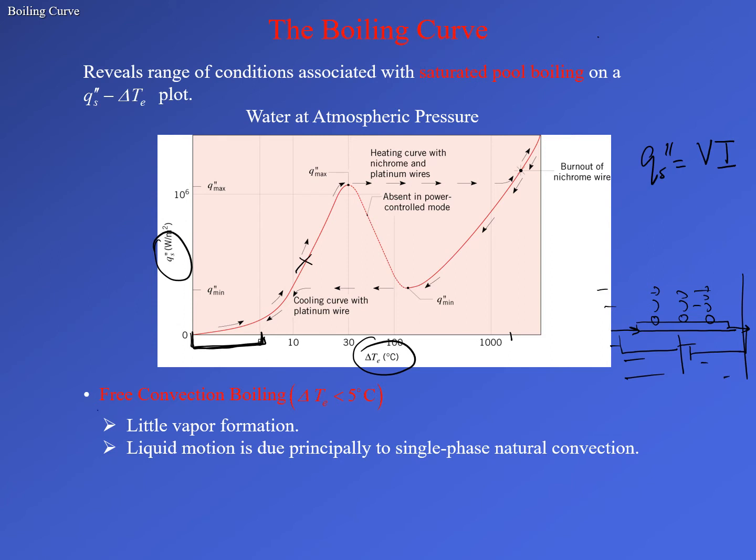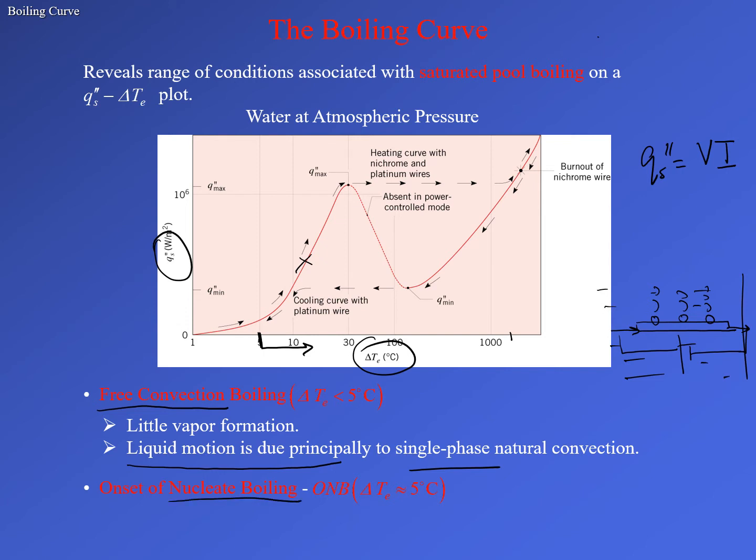The word free convection tells us that most of the convection happening from the wire is because of free convection. Although we may see one or two bubbles getting formed, mostly it is free convection. So liquid motion is primarily due to natural convection, single phase. Beyond 5 degrees centigrade, we see an onset of nucleate boiling.